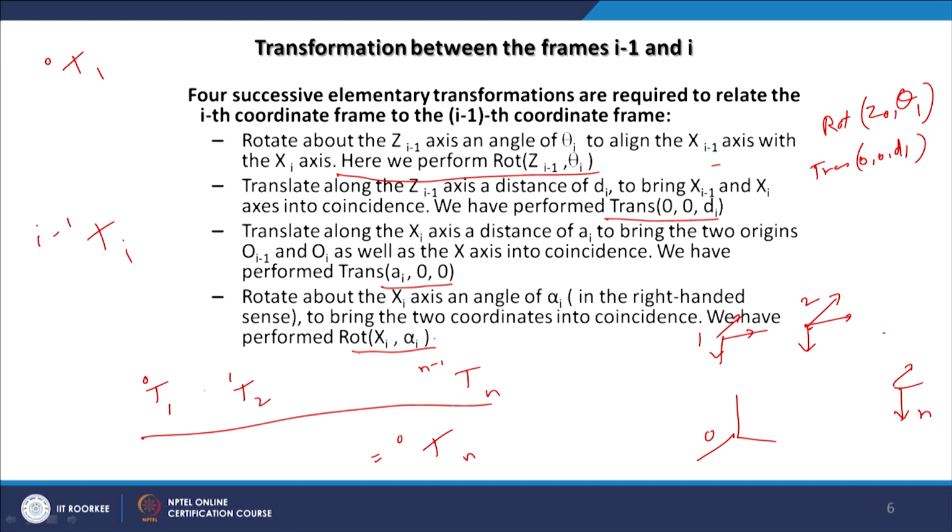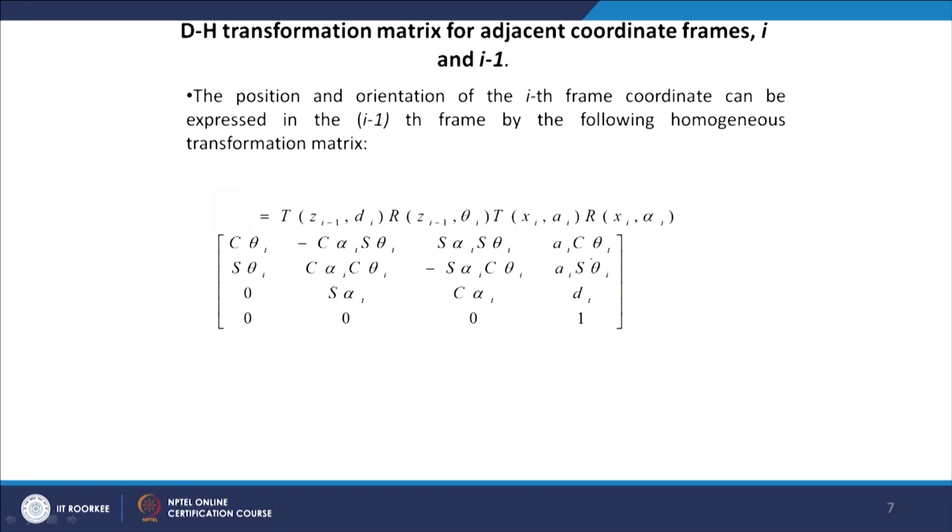How have we made these 4 operations? First a rotation, then a translation, again a translation, and then a rotation. If we multiply these 4 operations one by one, whatever we have performed, we get a matrix.